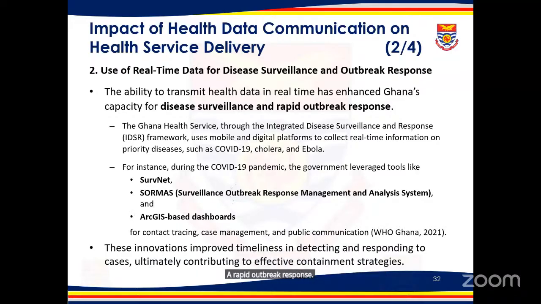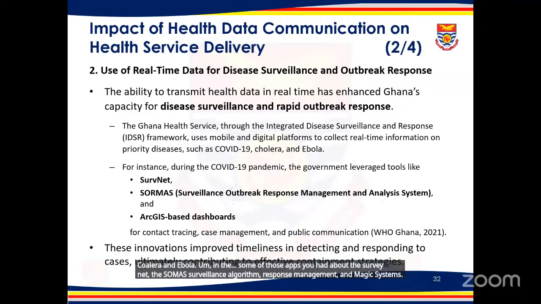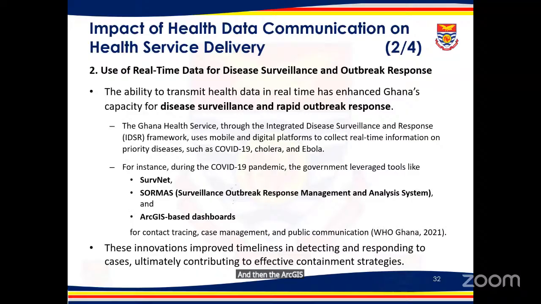You take, for example, in the heat of COVID-19, the Ghana Health Service, through the integrated disease surveillance and response framework, used mobile and digital platforms to collect real-time information on priority diseases such as COVID-19, cholera, and Ebola. Some of those apps, you heard about SurveyCTO, the SORMAS, Surveillance Outbreak Response Management and Analysis System, and then the ArcGIS-based dashboard.